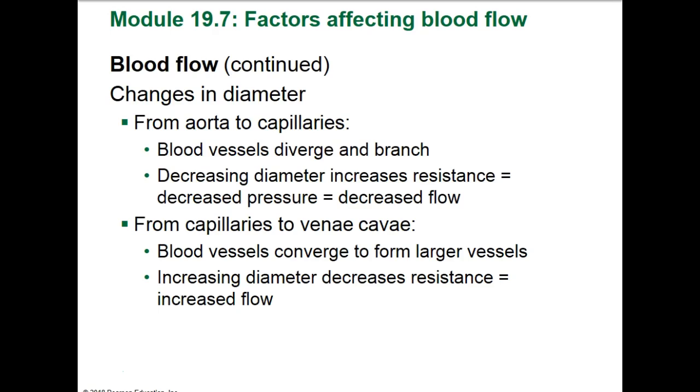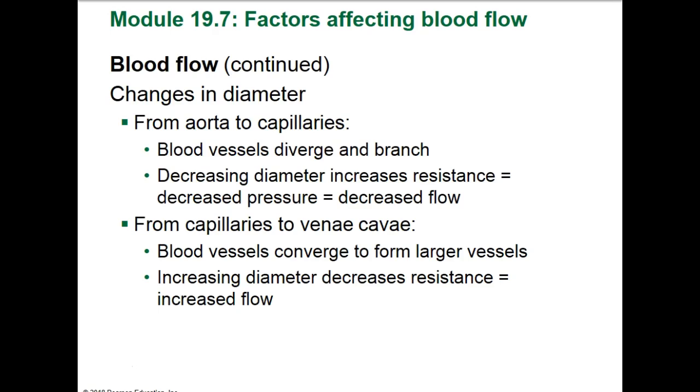We also have changes in diameter as you go from the aorta to the capillaries. Big difference. Blood vessels diverge and they branch. We have decreasing diameters that increase resistance, which decreases pressure and decreases flow. And then from the capillaries to the vena cava, the blood vessels converge to form larger vessels.